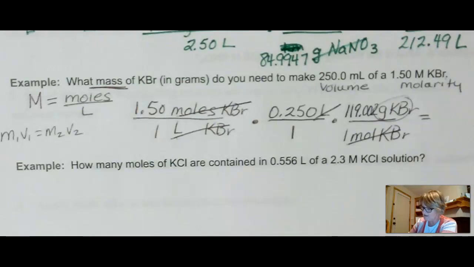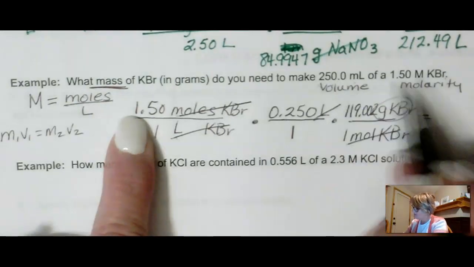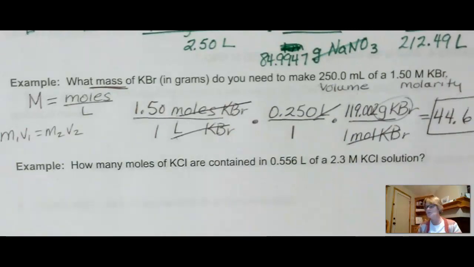Put it in your calculator: 1.5 times 0.25, divided by 1, times 119.002. I get 44.625. I have 4 digits here, but only 3 digits here, so I only have 3 in my answer. So 44.6 grams of potassium bromide is my answer.